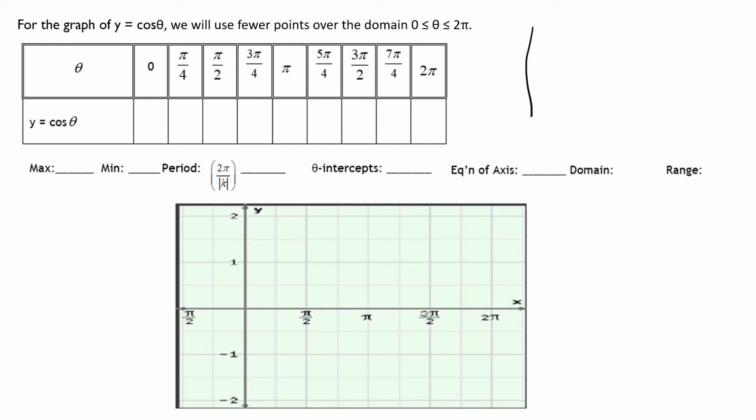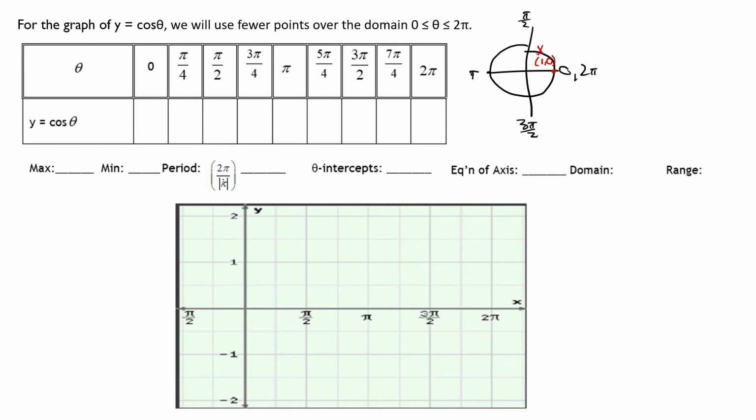Cos of 0, let's pretend that's straight. Here's 0, here's pi over 2, pi, 3 pi over 2, and then back at 2 pi. Cos of 0, here's my coordinate, I'm putting a dot right here. What is the coordinate there? It is 1, 0.